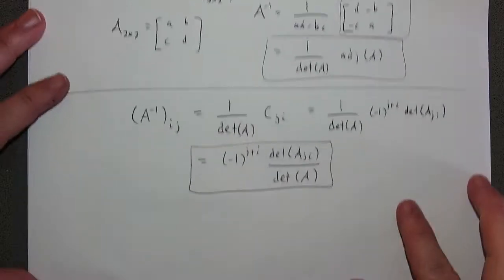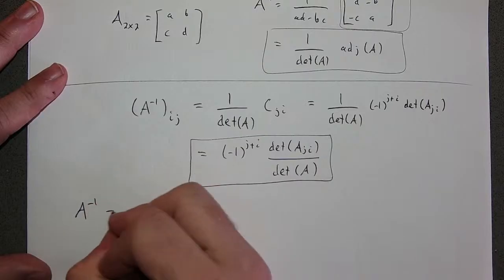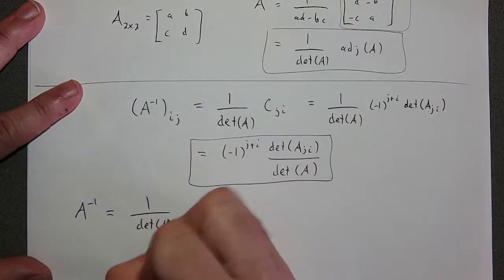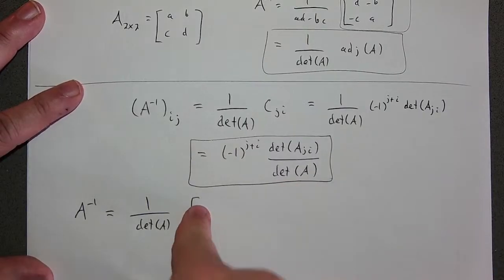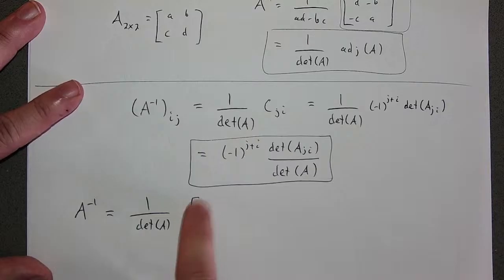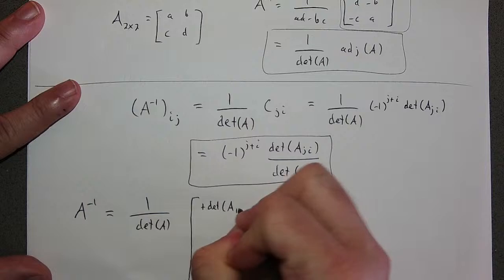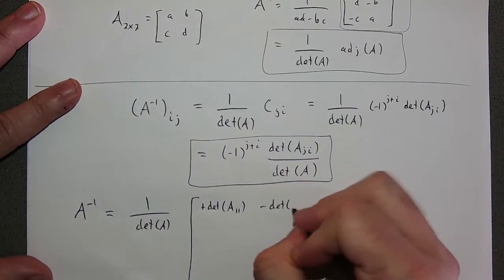Now, if I wrote this in a slightly more expanded form here, this is me saying A inverse can be thought of as 1 over the determinant of A times the matrix which, in the top left, first row, first column, is plus the determinant of A11. Then this would be minus the determinant of A21.